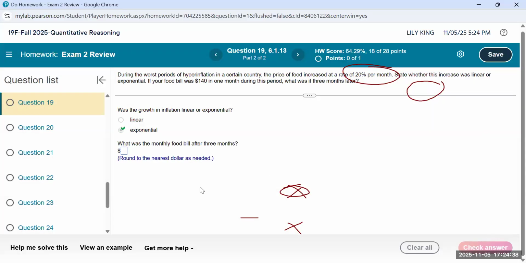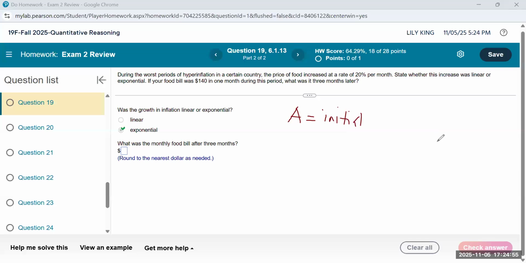So to answer the next part of the question, we have to use the exponential growth equation. And this is on your formula sheet. You don't have to memorize it. So for the exponential growth equation, you need to have some initial amount, you need to add the percent change to a 1. Okay, don't forget to convert the percent change to a decimal, and you need your time t.